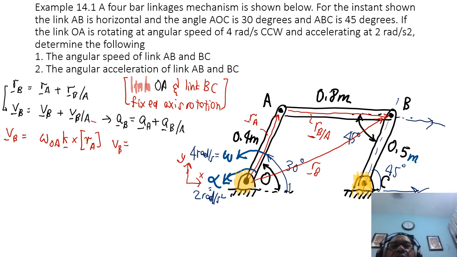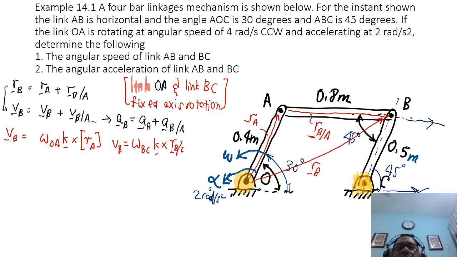VB is omega BC K cross position vector B relative to C. Now I'm going to remove some of the signs here to give me some space.